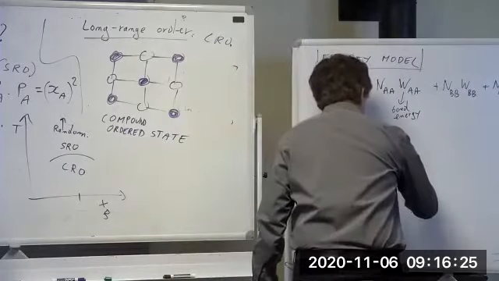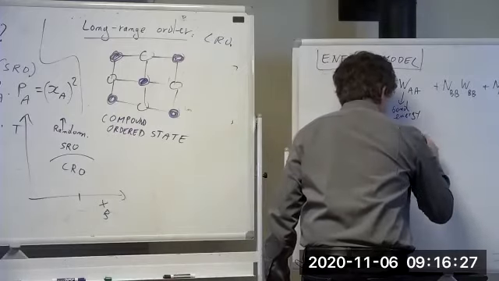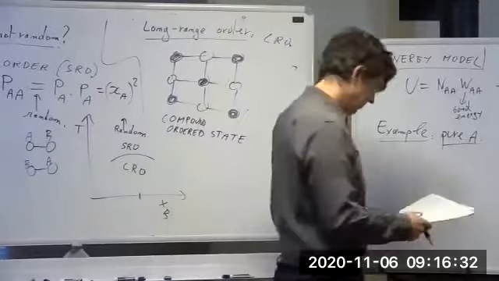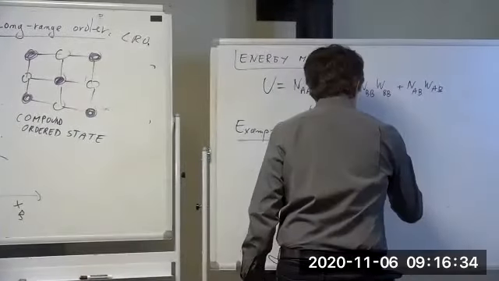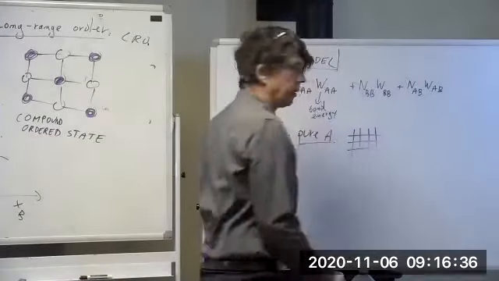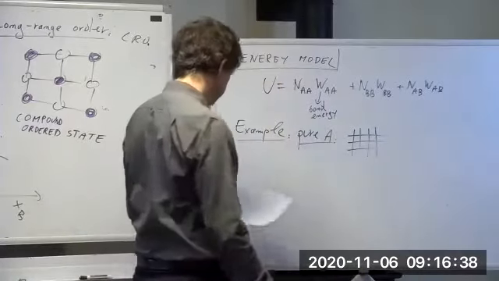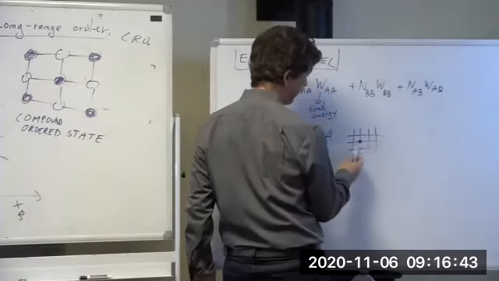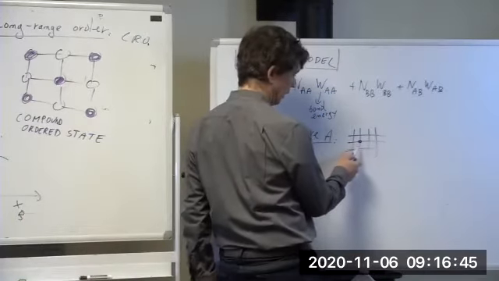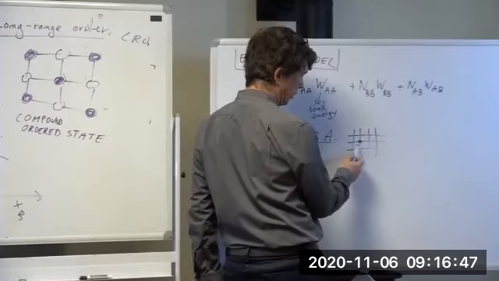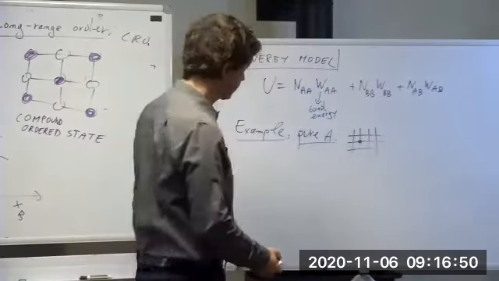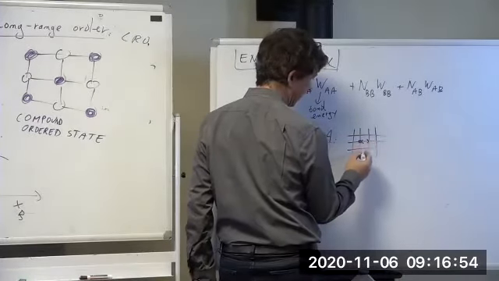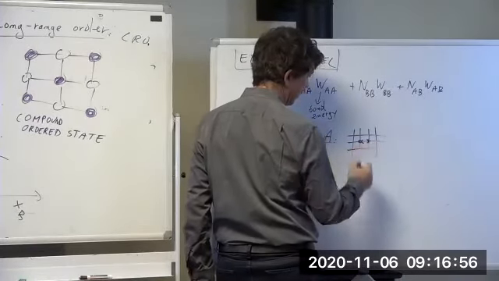So for example, let's do something very simple, pure A. What's the number of bonds per atom? If I have one atom, it depends on the coordination number in this lattice. So the number of bonds is the coordination number divided by 2, because, for example, if I count this bond here, I count it twice because it also is counted from there.